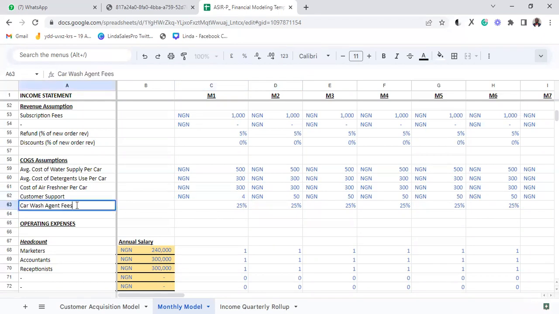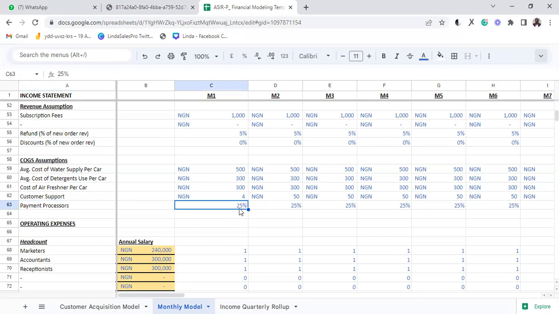Now, another thing here would be, remember that customers will pay using payment processing platforms. So you might have integrated PayPal, Stripe, Flutterwave, Paystack, and other payment processing platforms. So we can factor them in here. So we can say payment processors, or payment charges or what have you.